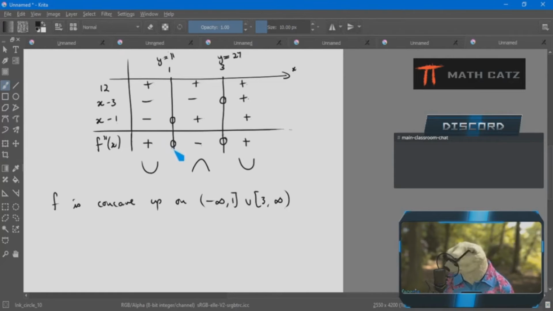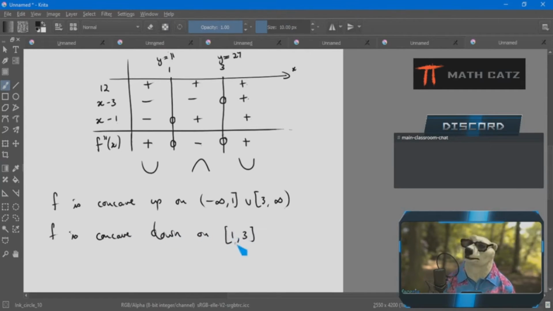Zeros here do not mean horizontal tangents or anything. It's the second derivative. Even though my table method is sort of recycled, it's a different function, different conclusions that I'm making. F is concave down on 1 to 3.